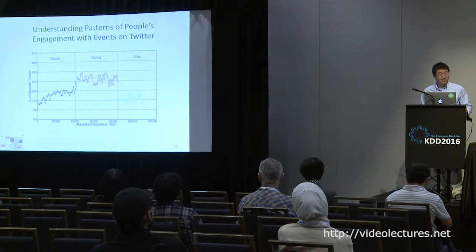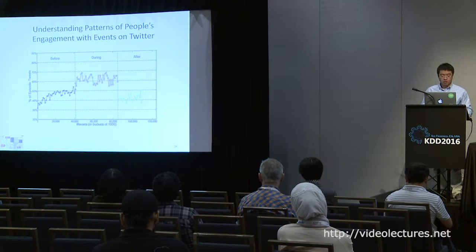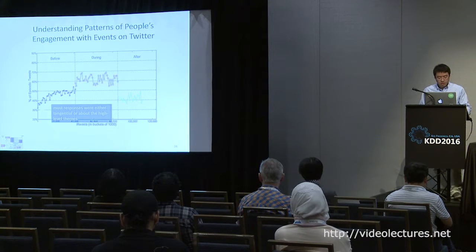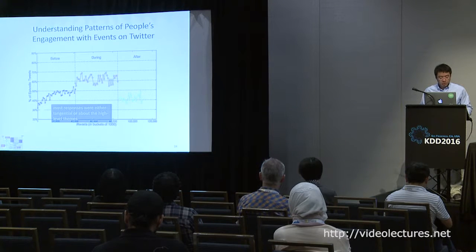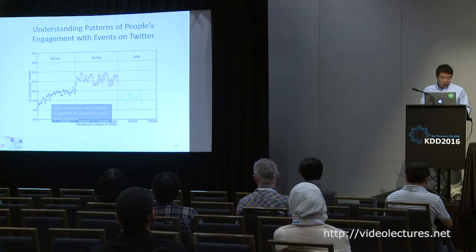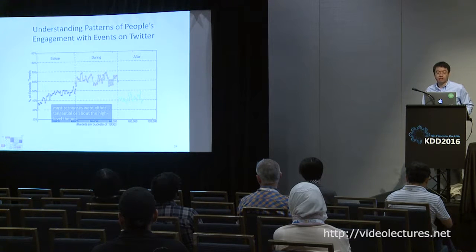On the left-hand side, the blue curve is for all the tweets before the event, the red ones are for the Twitter responses during the event, and the green one is the tweets after the event. The y-axis here is the percentage of specific tweets, meaning that they're specifically talking about the event.